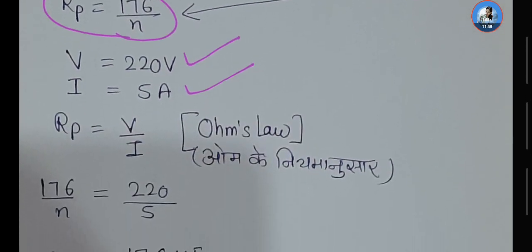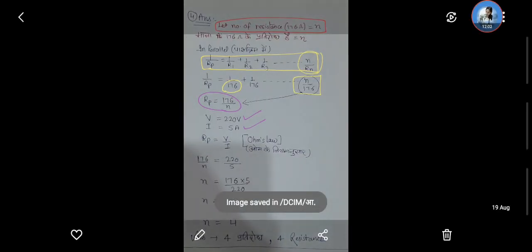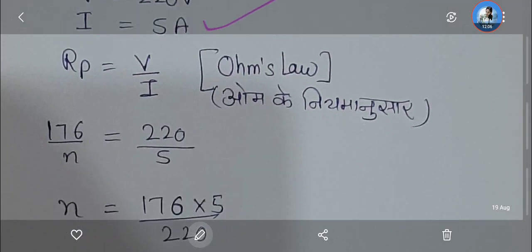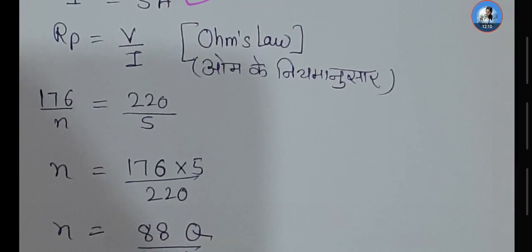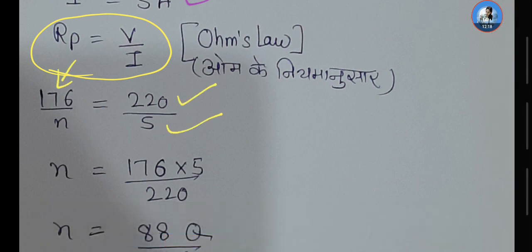And if we solve it according to Ohm's law, students, what is Ohm's law? V is directly proportional to I. So the formula is here, R equals V upon I. This is the formula. The value of R is 176 upon n, value of V is given, value of I is given.